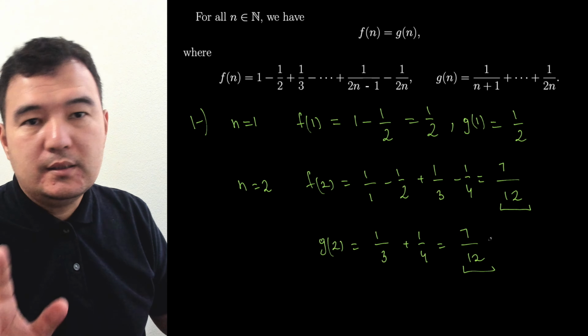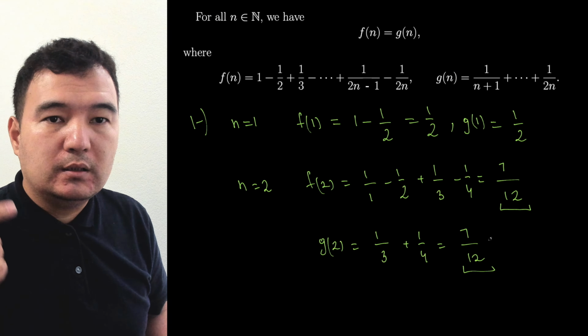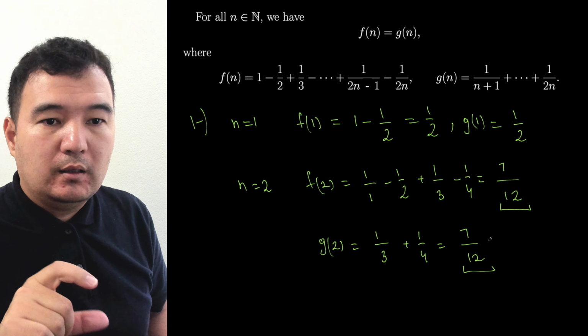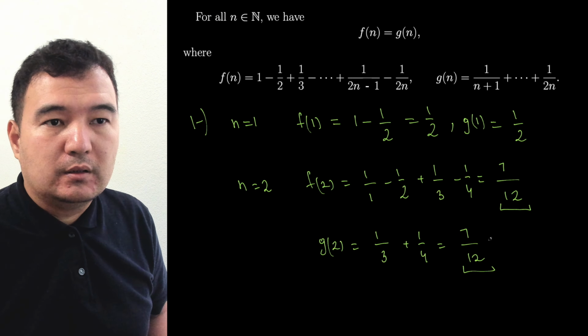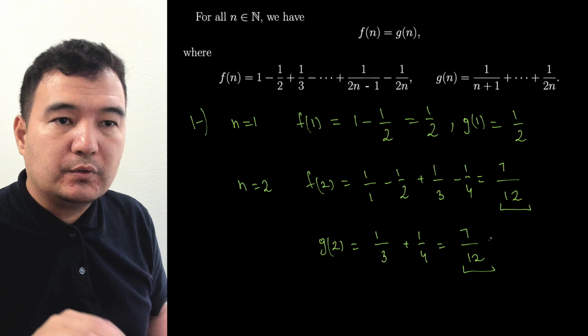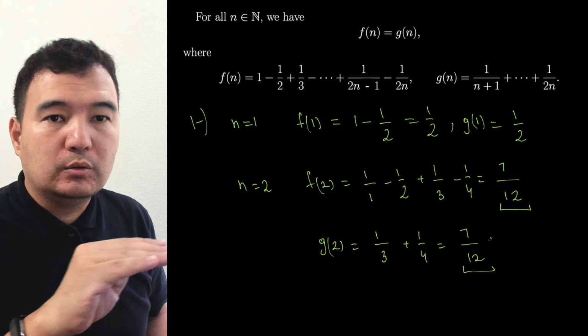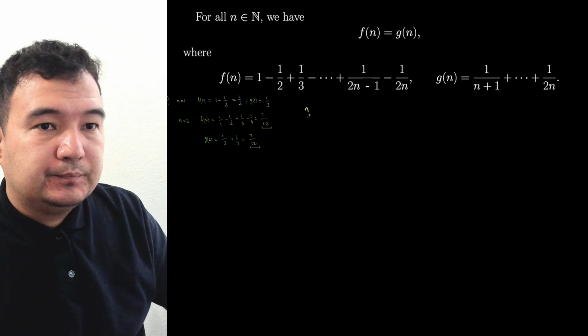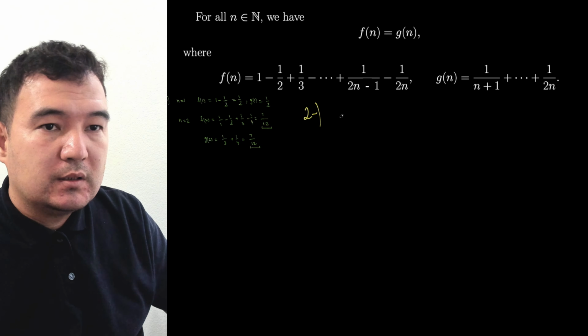So in the base case, for n equal to 1 and n equal to 2, the functions are equal to each other. Now we need to do the induction step and prove that f of n is equal to g of n in general. The step of the induction is going to be as follows.